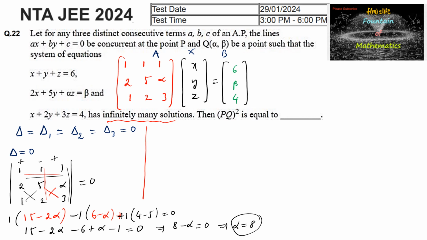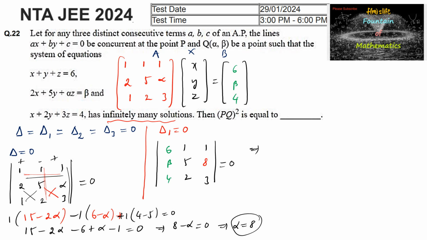And now let's consider delta 1. Since delta 1 is equal to 0, we take the first column replaced by 6 beta and 4, and the second and third columns we write as they are: 1, 5, 2, and 1, alpha, in place of alpha I will write 8, and then 3, which is equal to 0.